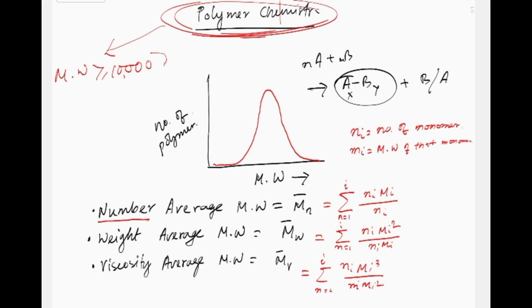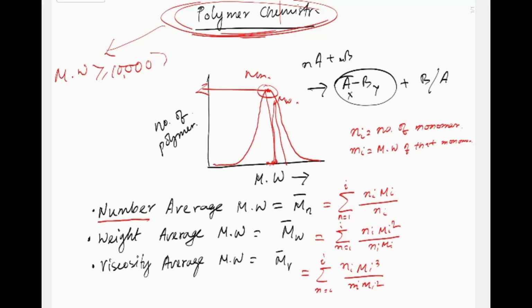Now, what is the utility of this? You know this, and you also have this dispersion, right? Very clearly you can understand that this point is nothing but the Mn value, and somewhere here will be the Mw value.